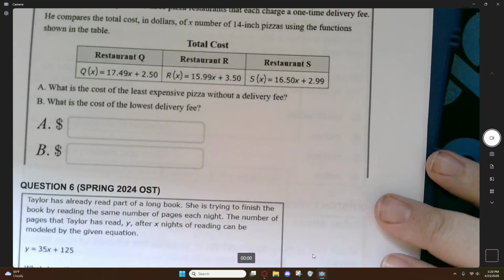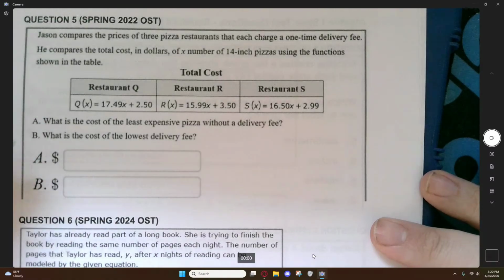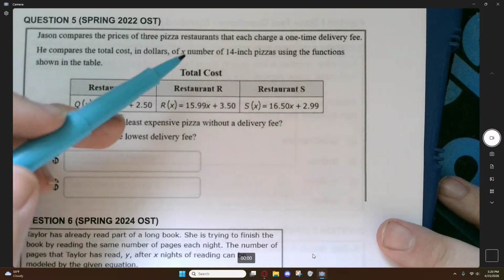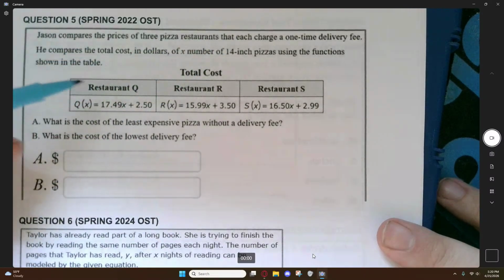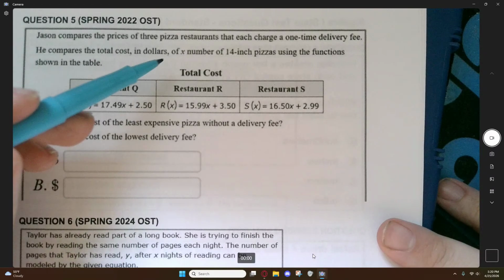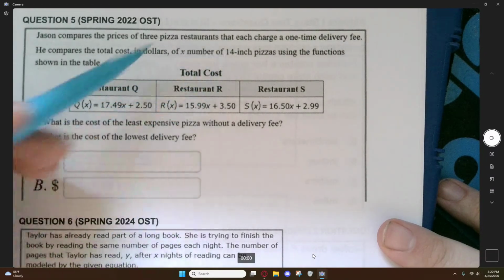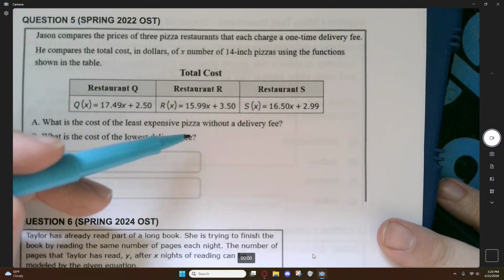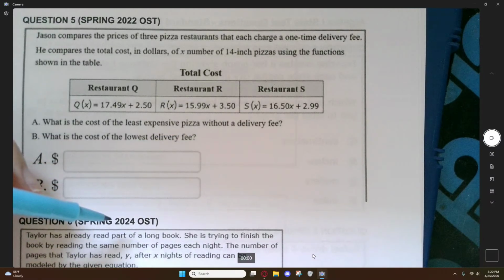Let's go to question 5. This question looks scary. There's a lot going on here. Jason compares the prices of 3 pizza restaurants that each charge a one-time delivery fee. He compares the total cost in dollars of x number of 14-inch pizzas using the function shown in the table. What is the cost of the least expensive pizza without a delivery fee?